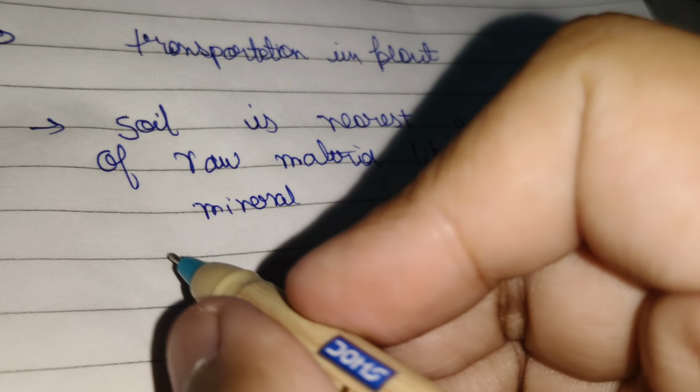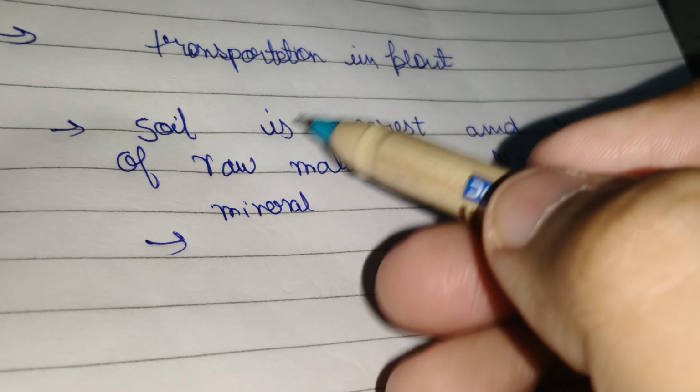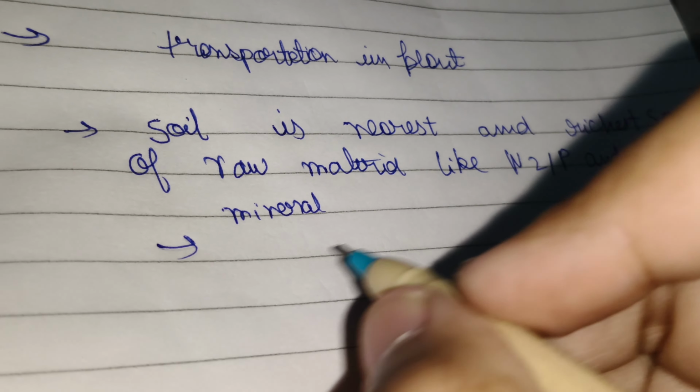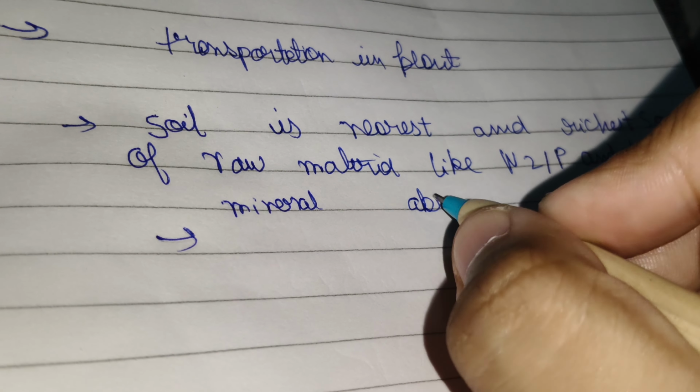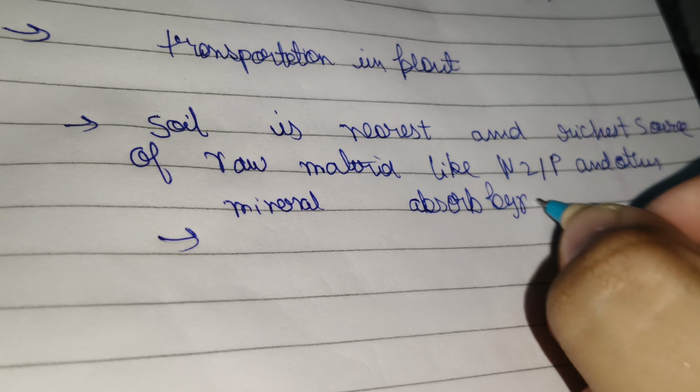Obviously, these minerals are required for the growth of the plant. At the same time, they help in photosynthesis. And obviously, these are absorbed. As we know, they are present in the soil, so they are absorbed by roots.